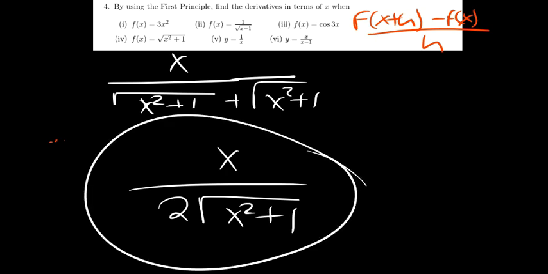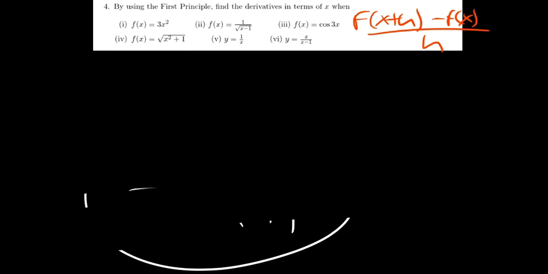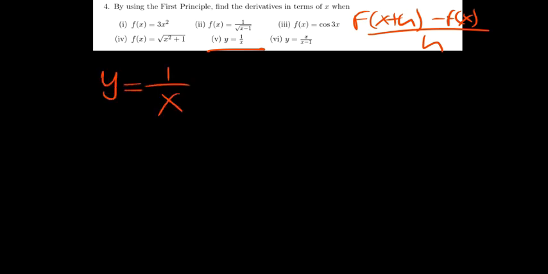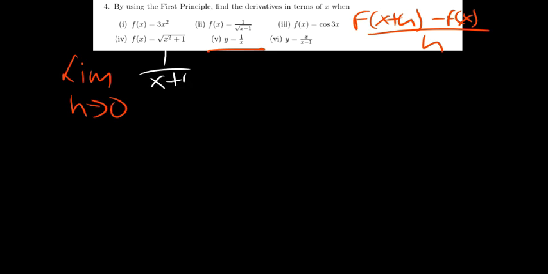Alright? And then for number 5, y is equal to 1 over x. That one is simple and straightforward. For f of x plus h, it will mean 1 over x plus h minus 1 over x, divided by h.